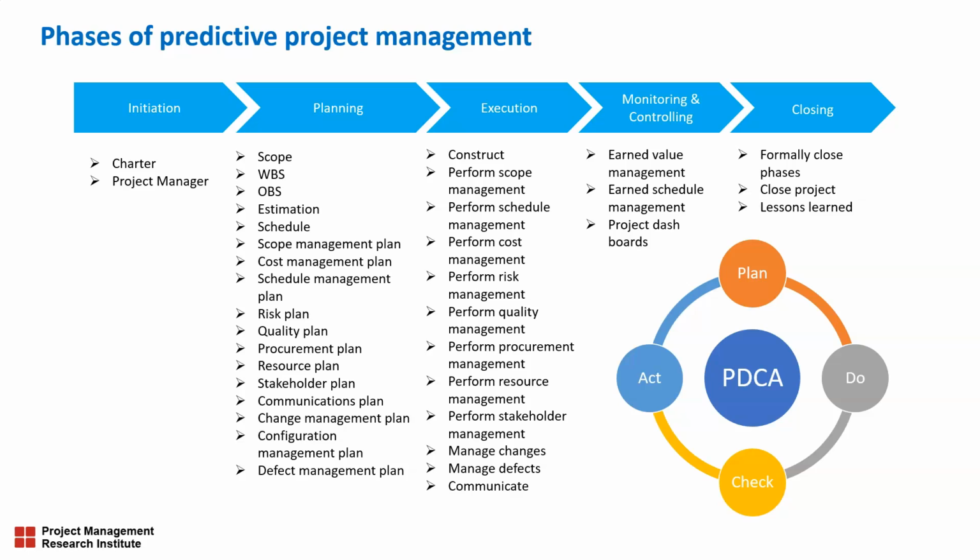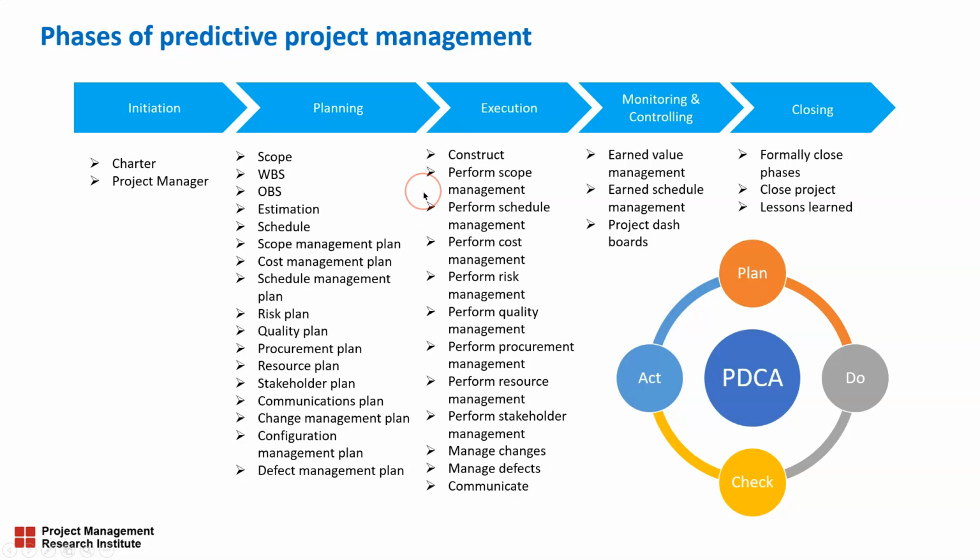We formally close the project and hand over the deliverable to the maintenance team. And the last activity during closing is documenting the lessons learned during the phase or during the project and archiving it for further use.